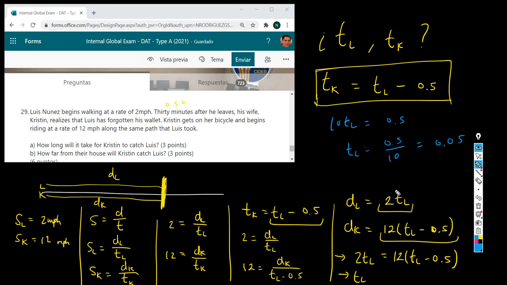Although I think I'm doing something wrong. Yeah, this is not the correct solution. You're gonna have 10TL being equal to 6, and then TL equals 6 over 10, which is 0.6.